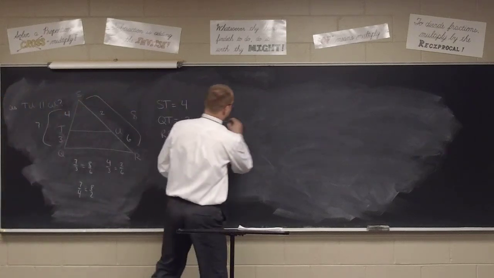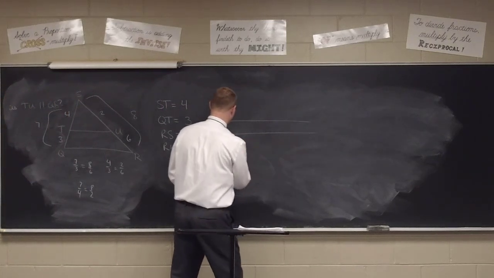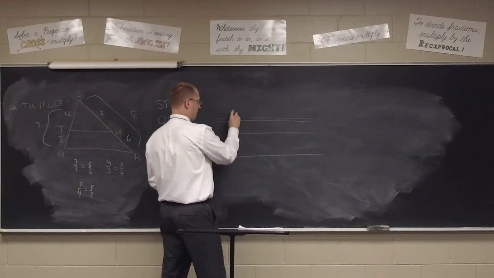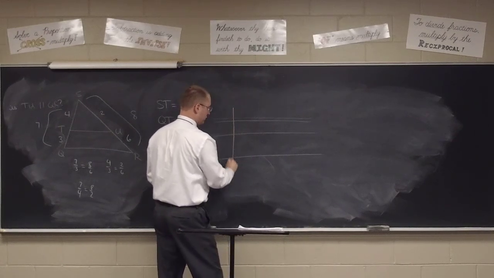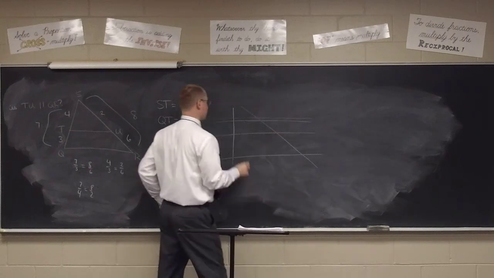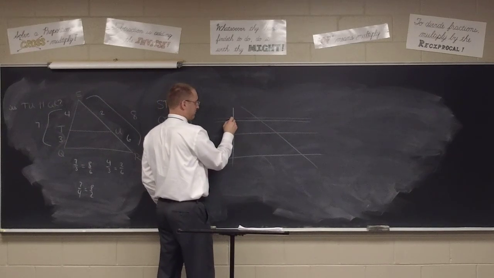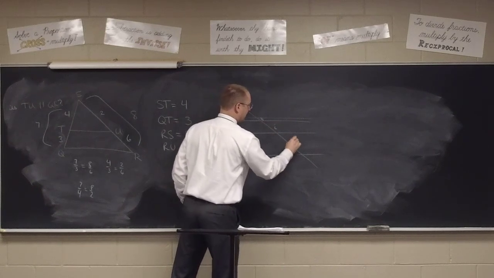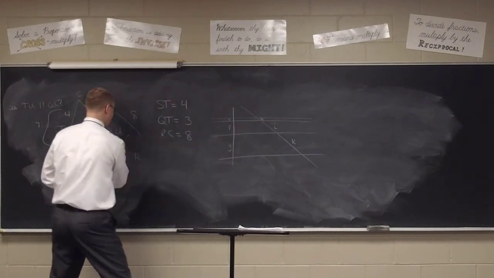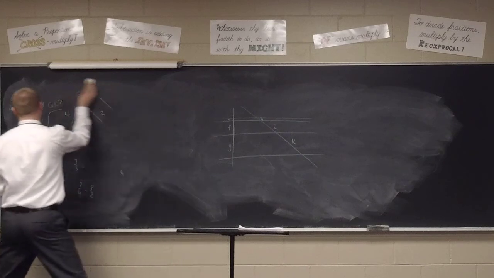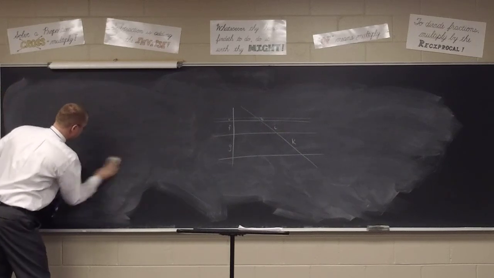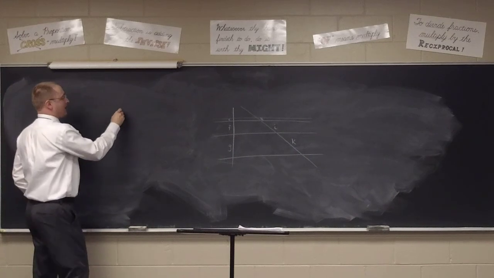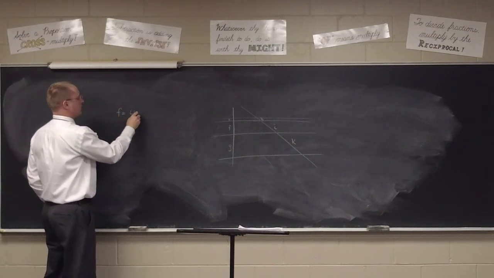Of course, we had this picture, remember, where we had a whole bunch of parallel lines and a couple of transversals. And let's call these segments E, F, G, H, I, K. And let's suppose that we were given that F looks like about 4 inches.